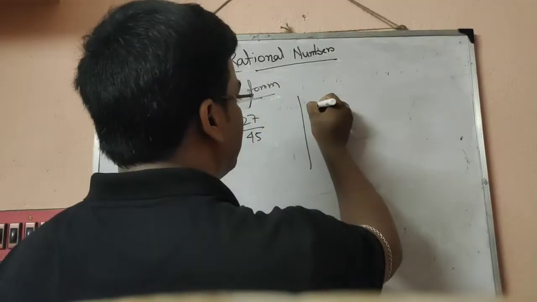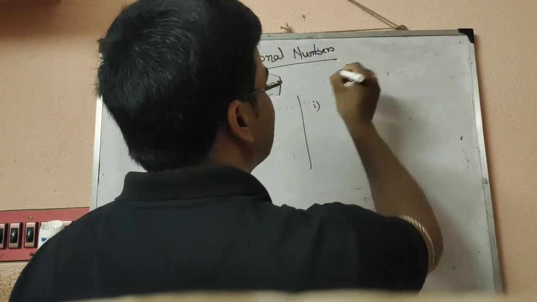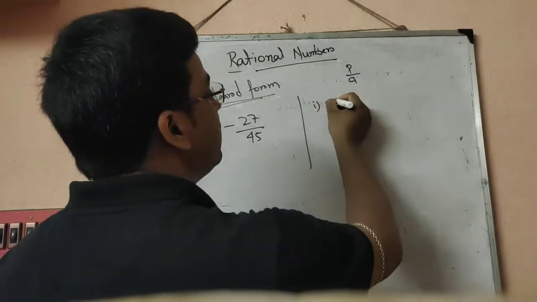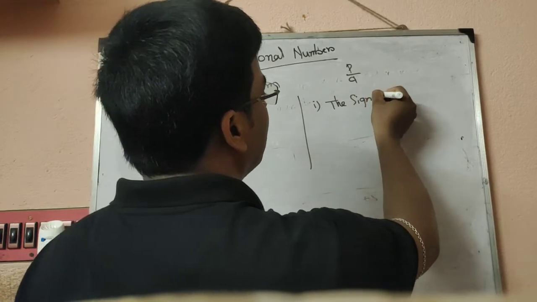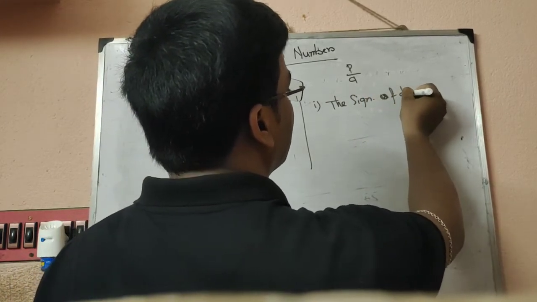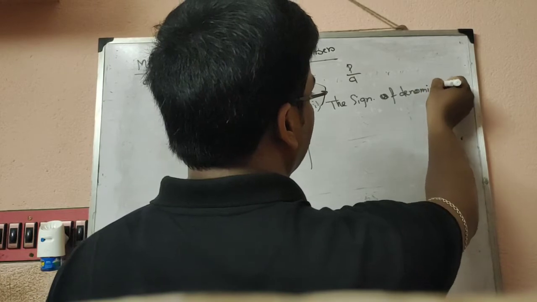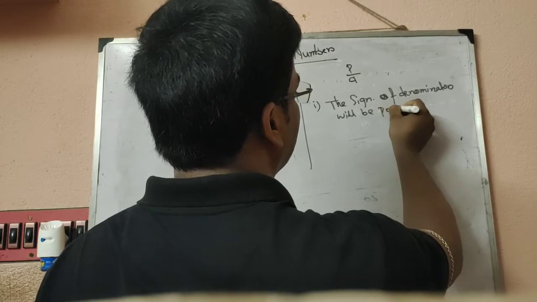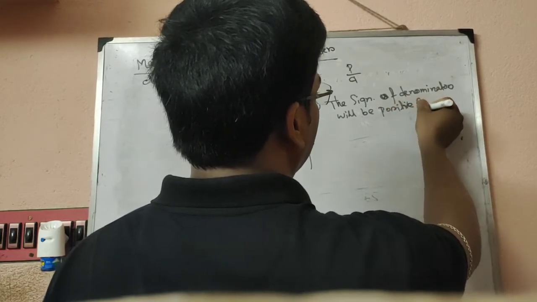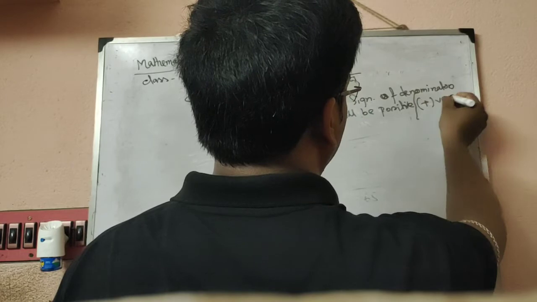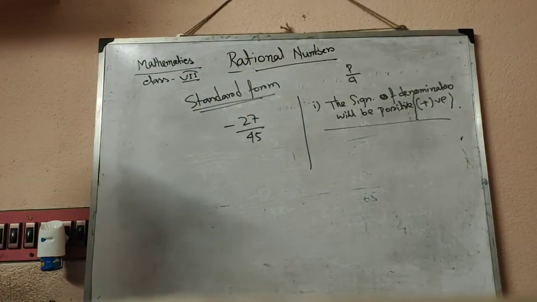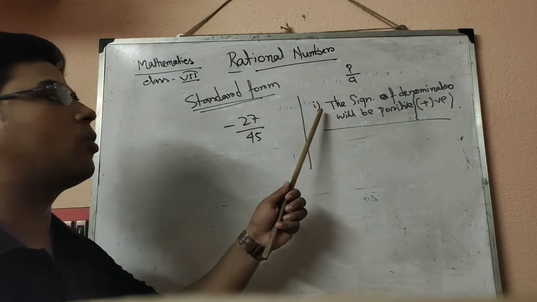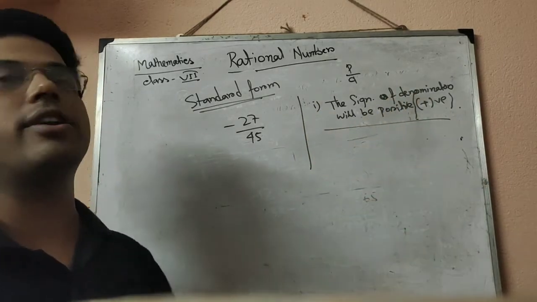One, suppose p by q is a rational number. After completing standard form, mind it, the sign of the denominator will be positive.